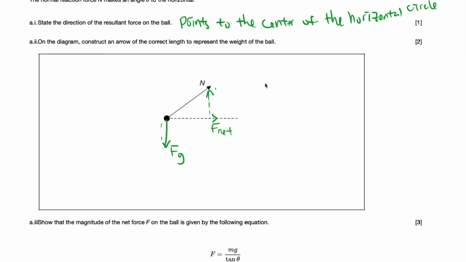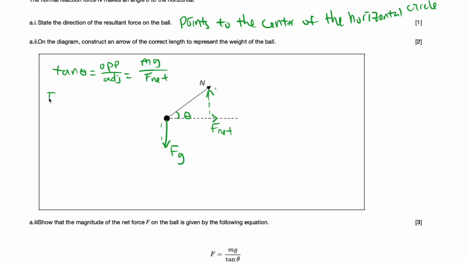So what you can do is this. We know here is theta, and we know tangent theta is equal to opposite over adjacent, which is equal to gravity, calculated by the formula of mass times gravitational acceleration, over the adjacent side, which is net force.